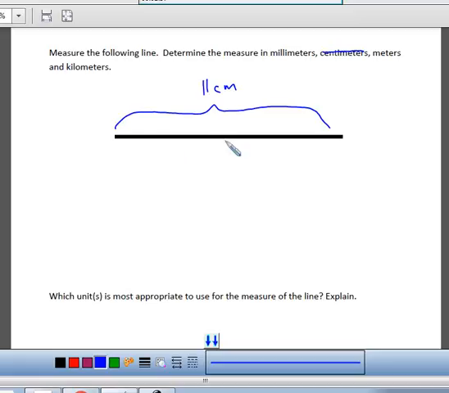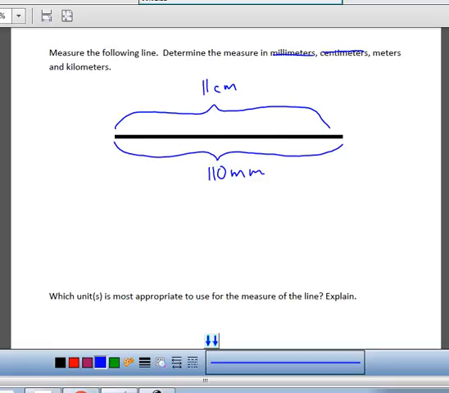If I were to use that same ruler, I would be able to tell the millimeters, and the millimeters is going to be 110 millimeters. Now, to find the meters and the kilometers, it's a little more challenging. If I used a meter stick, it would not be that easy. I'd need a lot of room. And a kilometer would be even more of a challenge.